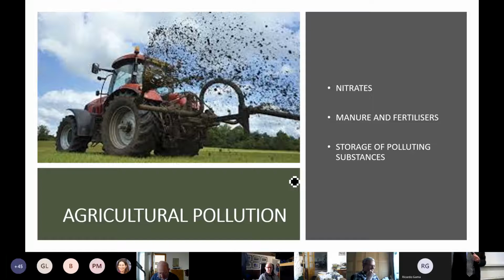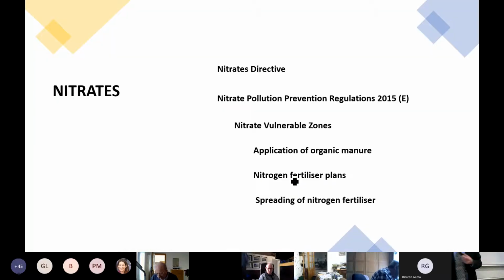Mainly agricultural pollution is the basis for this. Nitrates in particular, manure and fertilizers, and the storage of polluting substances. Nitrates started with the Nitrates Directive, and the Nitrate Pollution Prevention Regulations 2015 in England, again EU-derived legislation.